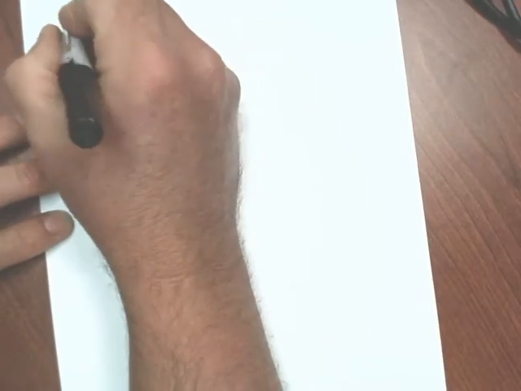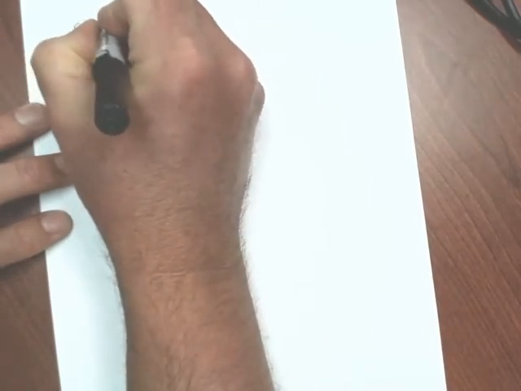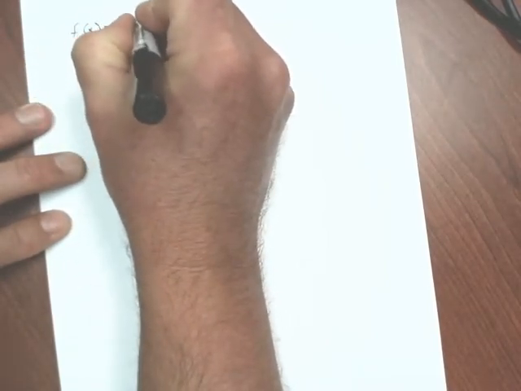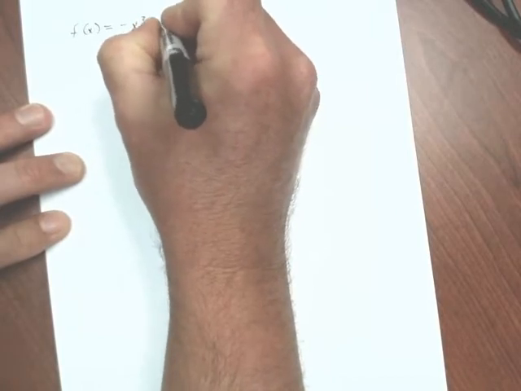Let's do another one. How about f of x equals -x squared plus x plus 2.